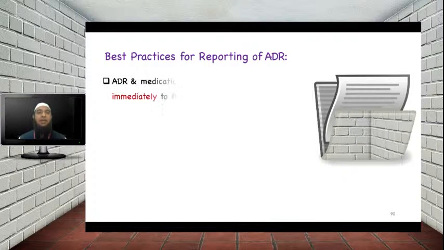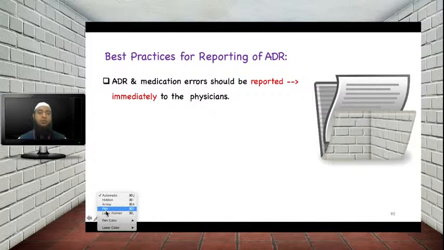As far as ADR are concerned, the ADR and medication error should be reported immediately to the physician. This must be the practice for reporting of adverse drug reaction, because generally the patient suffers from the ADR, and if the patient is not reporting that to the physician, how will the physician report to the next level of authority?